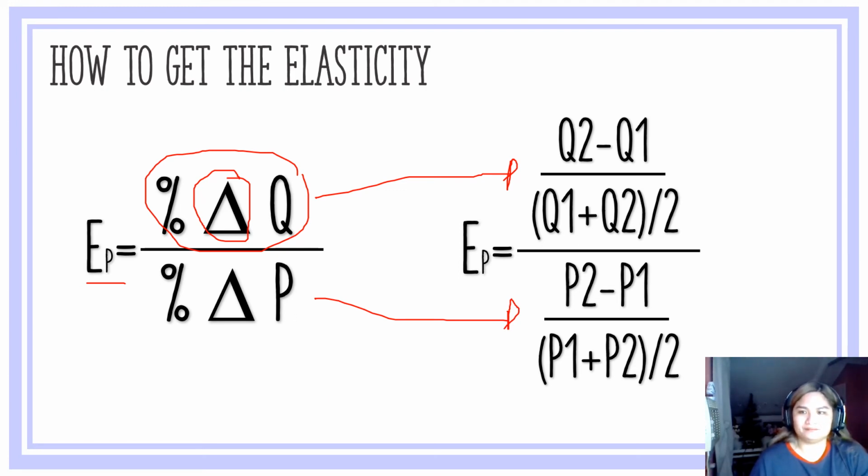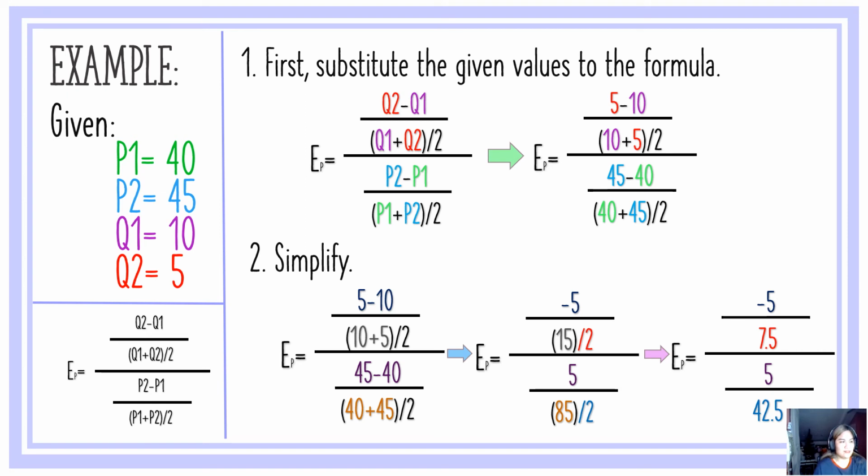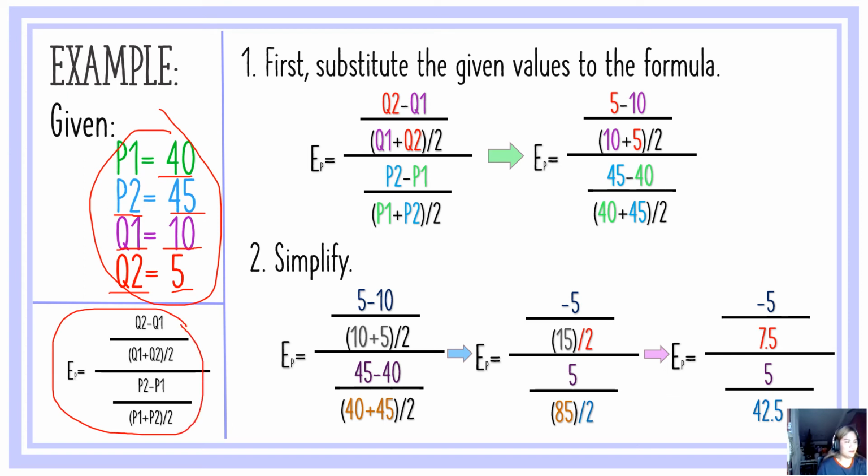We have here an example so that you can check how to use the formula. The givens are: for initial price, we have 40. For final price, we have 45. Initial quantity is 10, and final quantity is 5. We are going to substitute these values into the formula for the price elasticity. The first thing to do is substitute the given values.